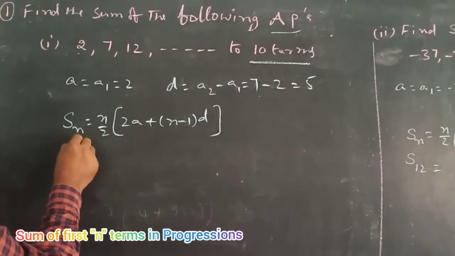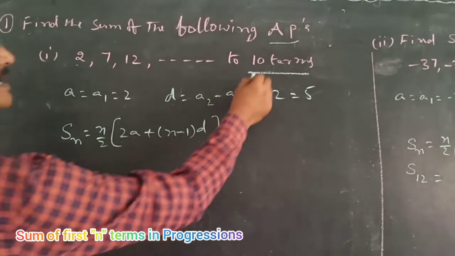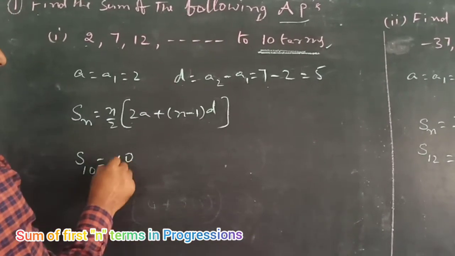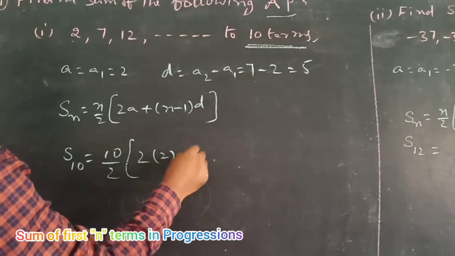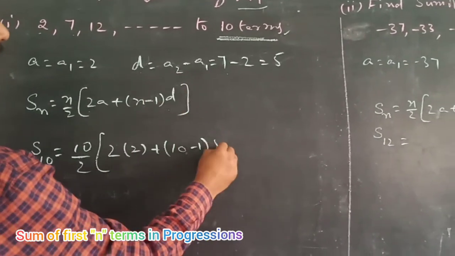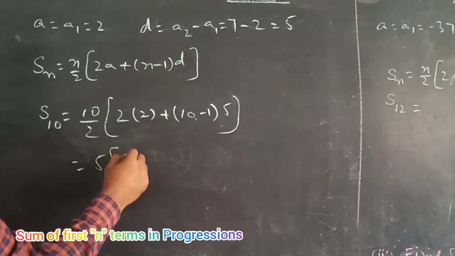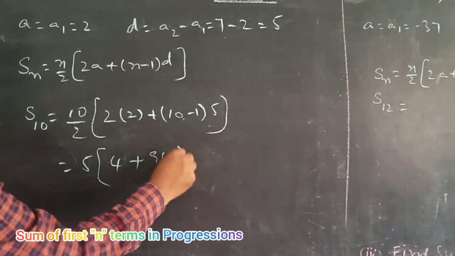Sum of the terms in AP formula: Sn equals n by 2 into 2a plus (n minus 1) into d. Sum of how many terms? 10 terms. So S10 is equal to 10 by 2 into (2a, a equals 2, plus (10 minus 1) into d, d equals 5). So 10 by 2 is 5 into (4 plus 9 into 5).